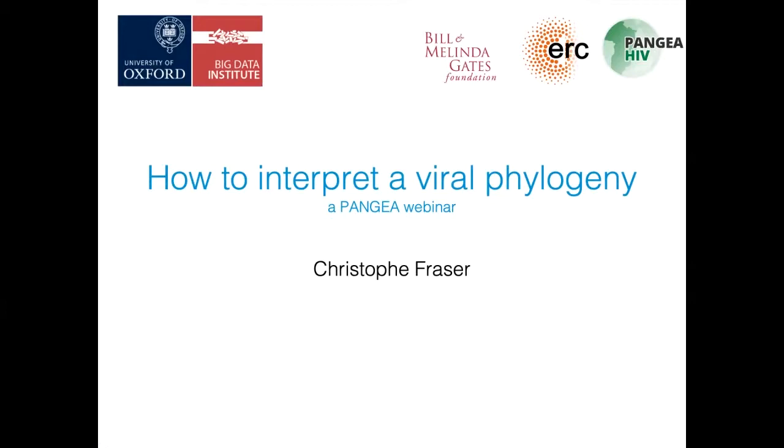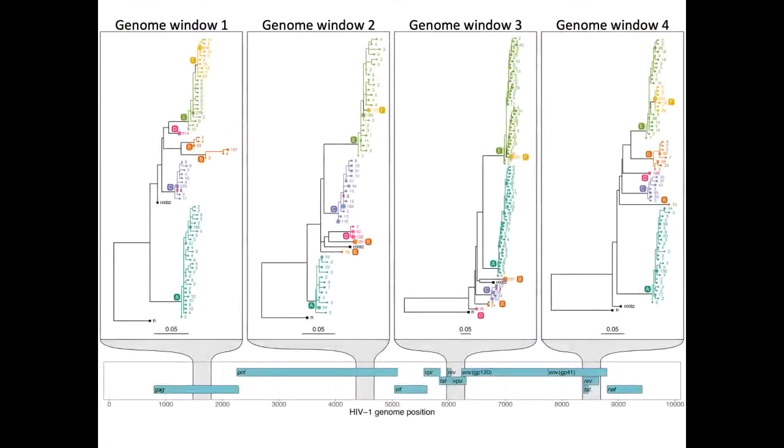So the basic aim of this webinar is just to describe, really from first principles, what are these objects. So we've shown, at different PANGEA meetings, phylogenies such as this one that is generated with our own software, showing different viruses from within host and between host diversity.